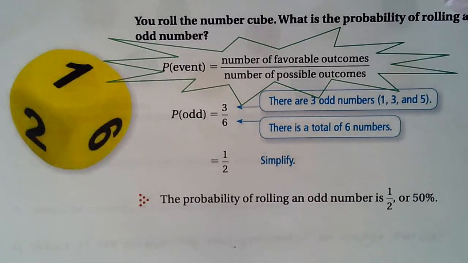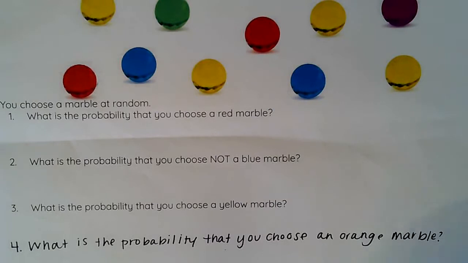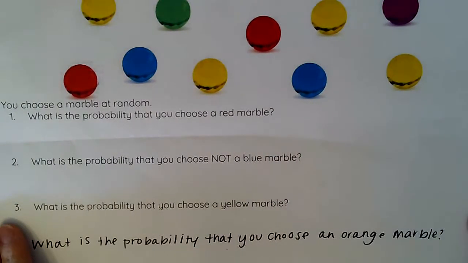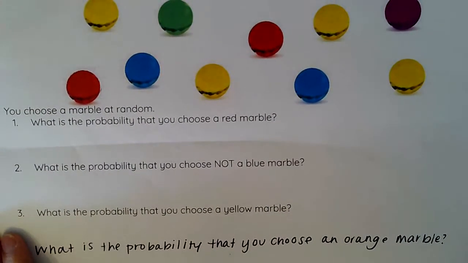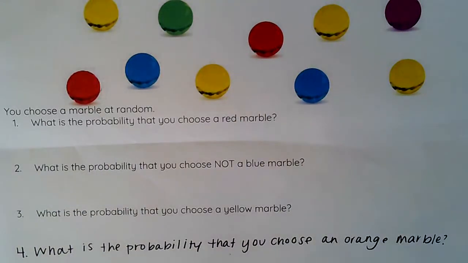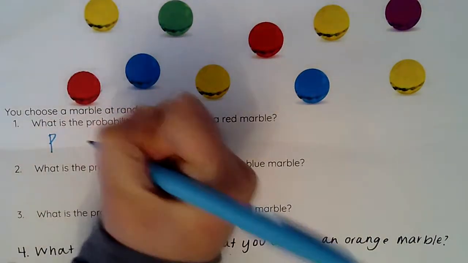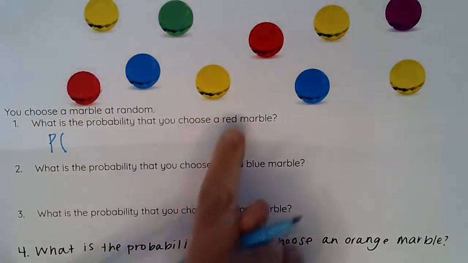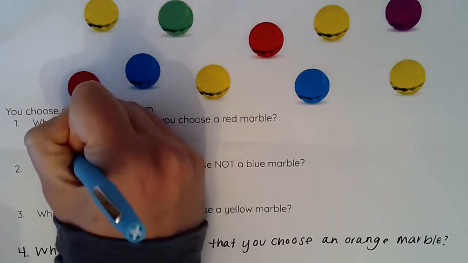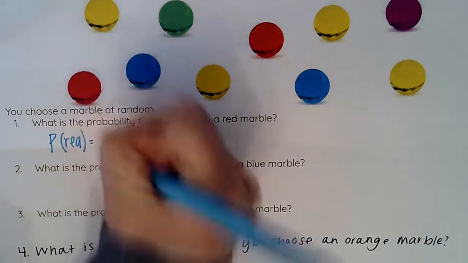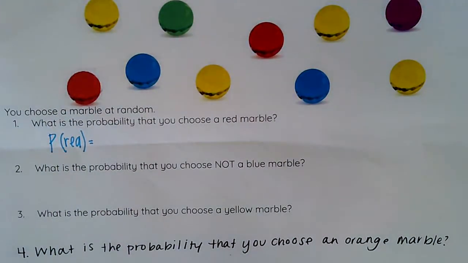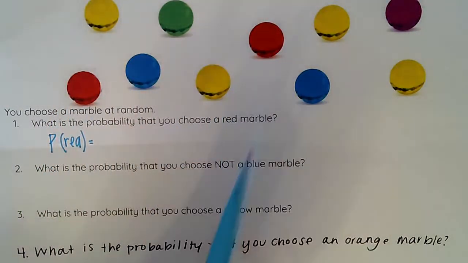Okay, so let's go ahead and try with some marbles. Okay, so we have a set of marbles here, and it asks us, what is the probability that you choose a red marble? So I go ahead and start by writing P for probability, and my event is a red marble. Now the total number of favorable outcomes, I have 1 red, 2 red.